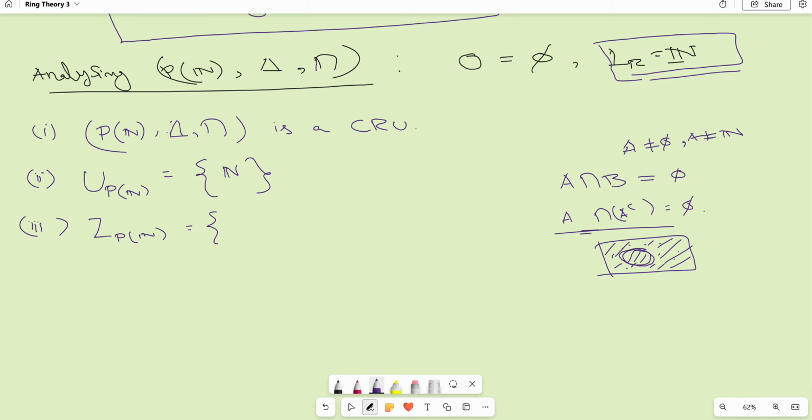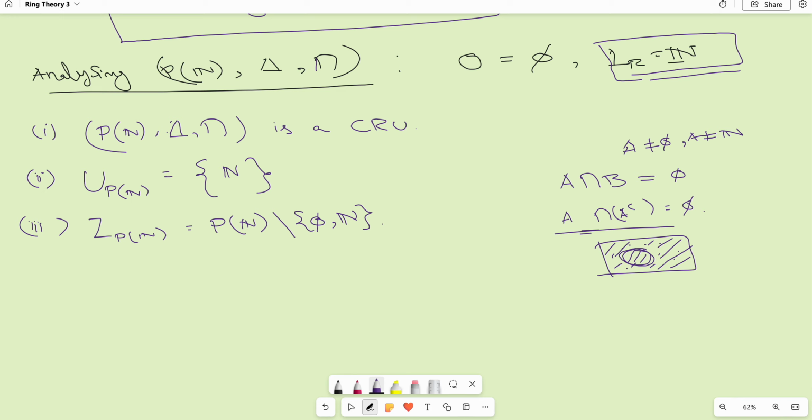So the zero divisors of the power set of natural numbers will be the entire power set of natural numbers, except the empty set and the natural numbers, right?